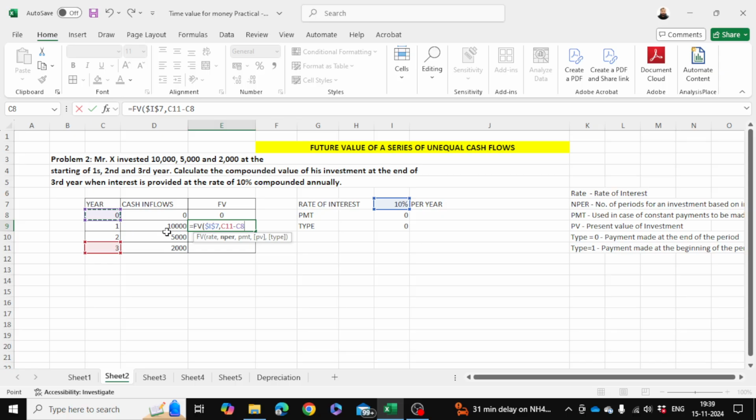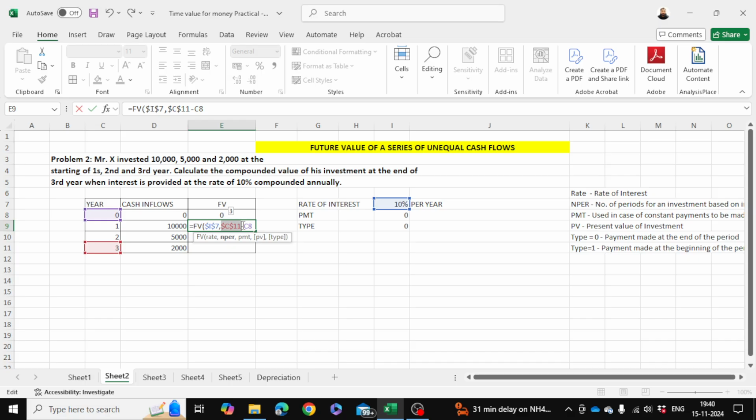The first value will be invested for 3 years, 3 minus 0, right? C11 is the final year 3, and we need to make it constant because it will always remain the same. So you can put C11 and click on F4, it will automatically become constant, right? So keep this in mind, how to make it constant.